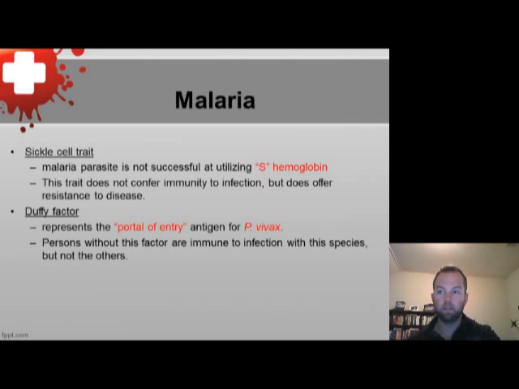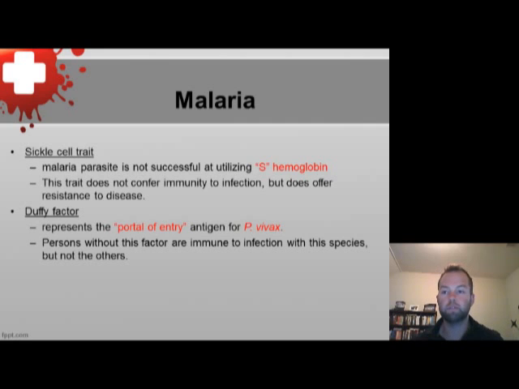There's some natural genetic resistance that can happen, and this is typically found in regions endemic to malaria. The first is sickle cell trait, which is a natural genetic resistance to malaria due to a mutation on the hemoglobin gene that produces an S hemoglobin.